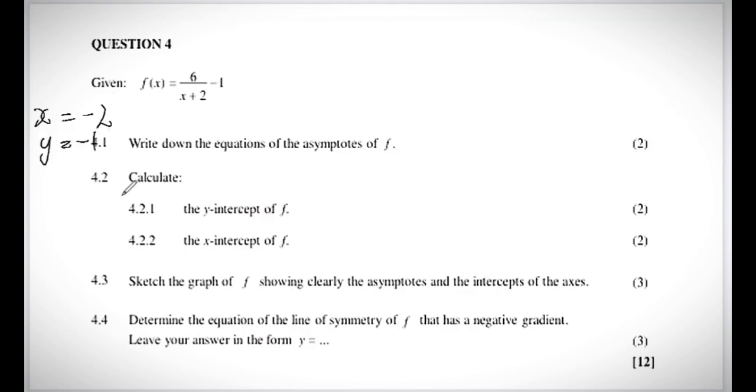Then we had our y-intercept. It was equals to 0 is to 2, and then our x-intercept was 4 is to 0. So that's what we need in order to draw the sketch for this graph here, right? Then clearly show all the asymptotes and the intercept with the axis.